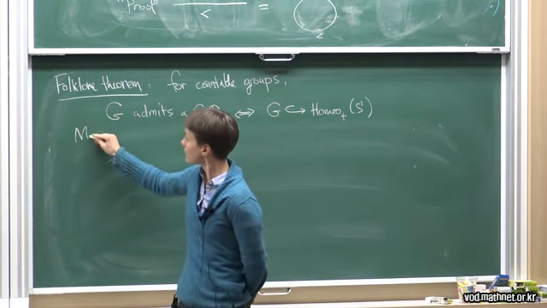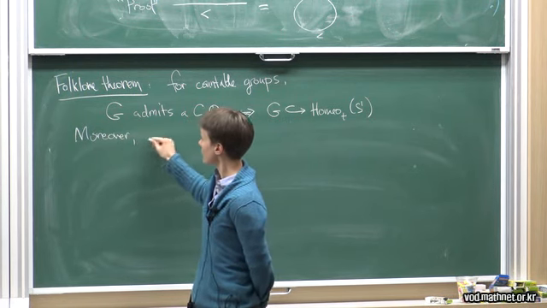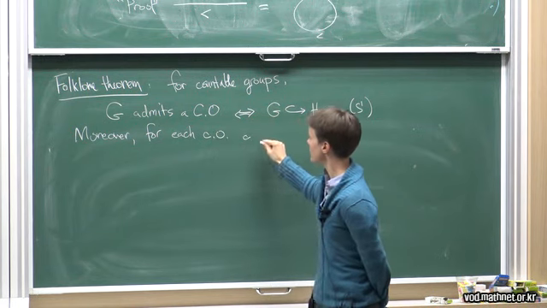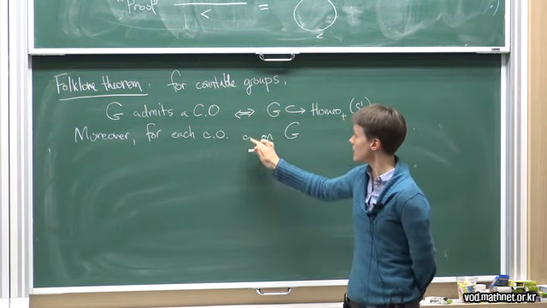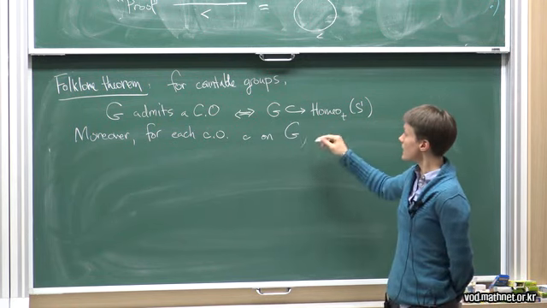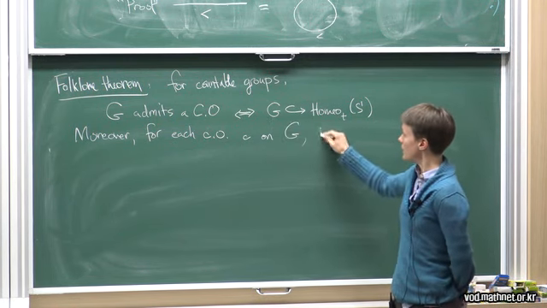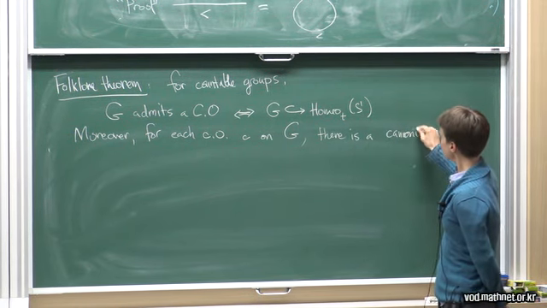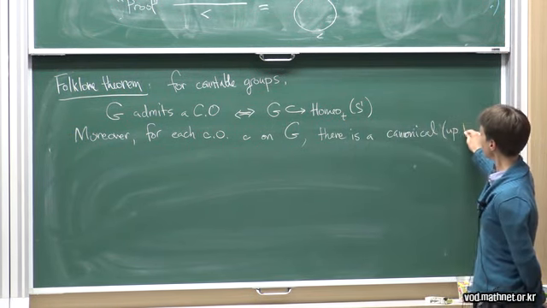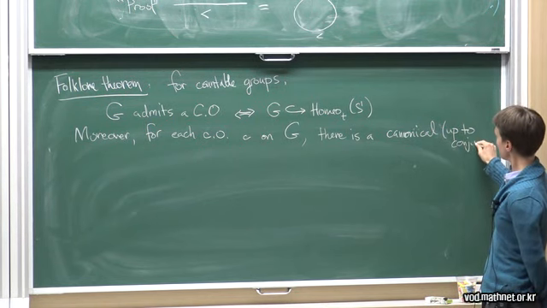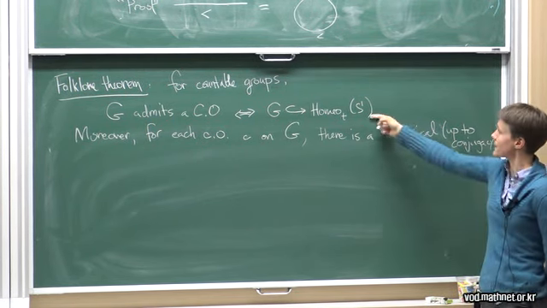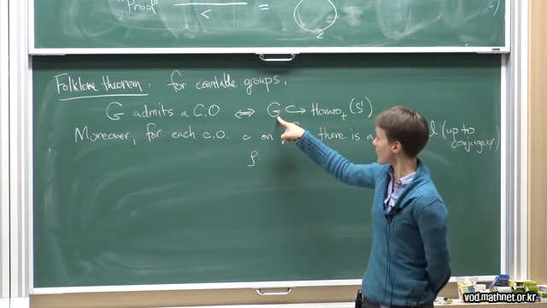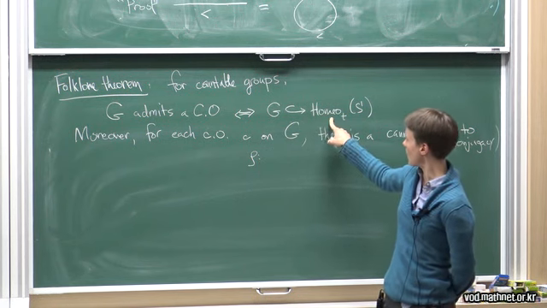Moreover, for each circular order C on your group G, there's a canonical way to put G in this group. There is a canonical, up to conjugacy, so up to conjugacy by some homeomorphism, faithful representation of your group into homeo of the circle.